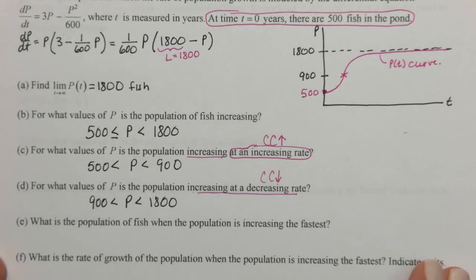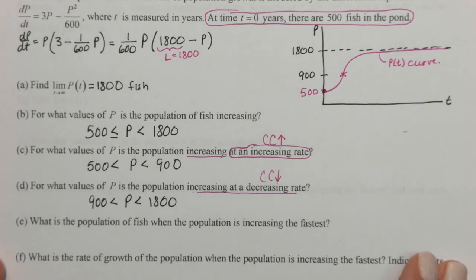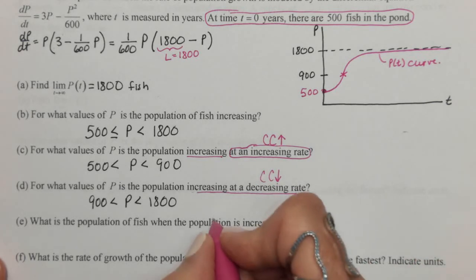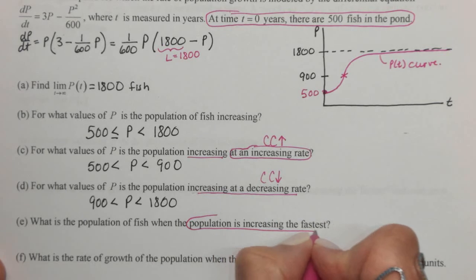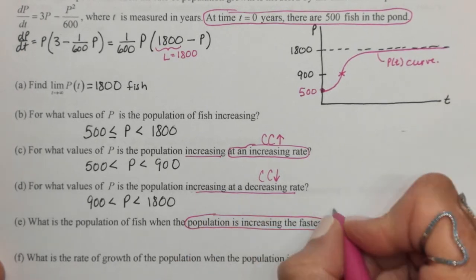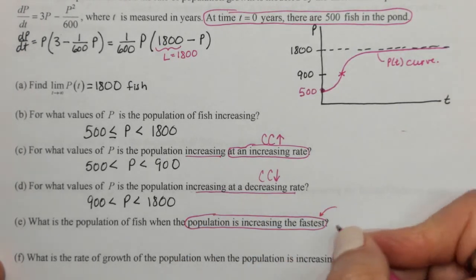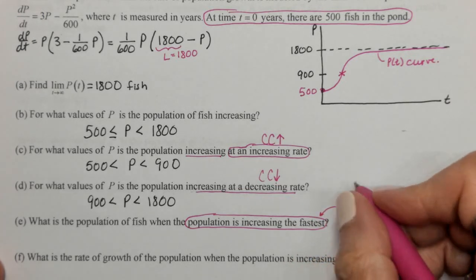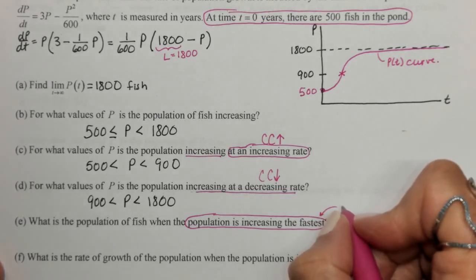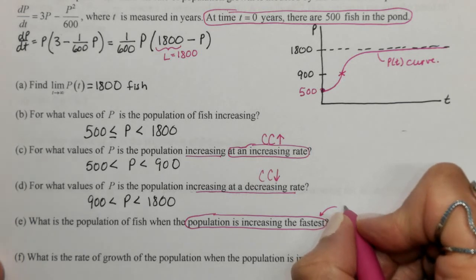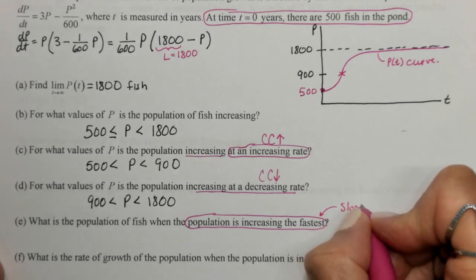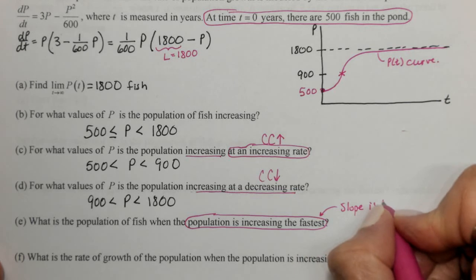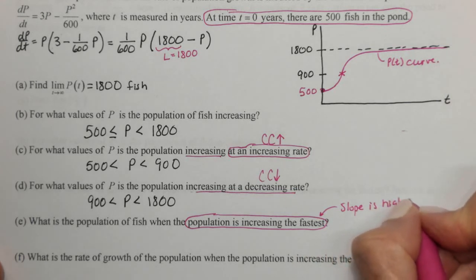What is the population of fish when the population is increasing the fastest? Well, the population is increasing the fastest when the slope of the tangent line is at its highest number.